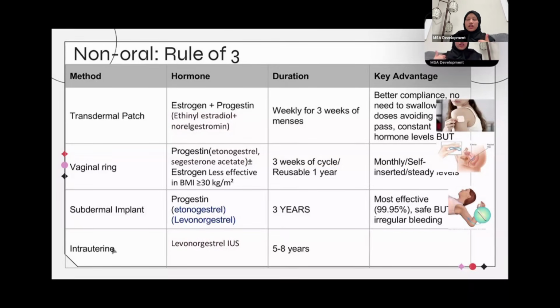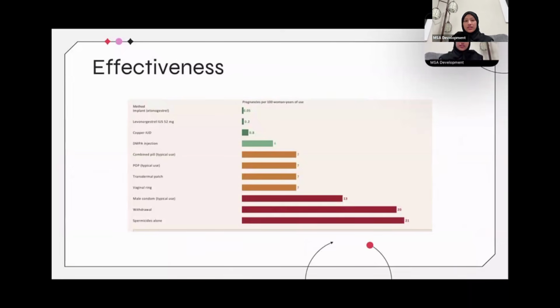This device is inside the uterus, which I showed you before. These two, subdermal implant and intrauterine device, are called long-acting reversible contraception, so LARC: long, lasting a number of years, and reversible. If you remove them, someone will gain back their fertility, right?